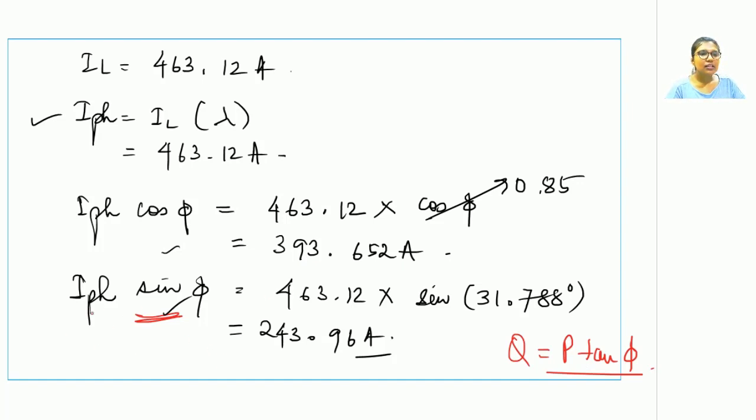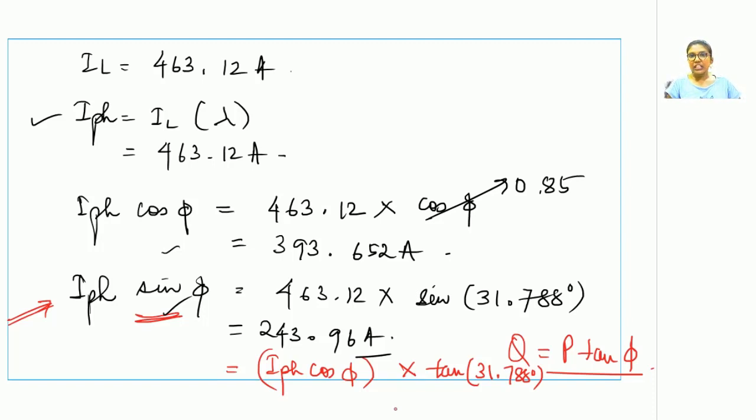This I phase sin phi, which is the reactive component of the phase current, can be written as the active component of the phase current multiplied with tan 31.788. So what I'm trying to say over here is any reactive component of any parameter can be obtained by multiplying its active component and the tangent of the angle between the voltage and the current.